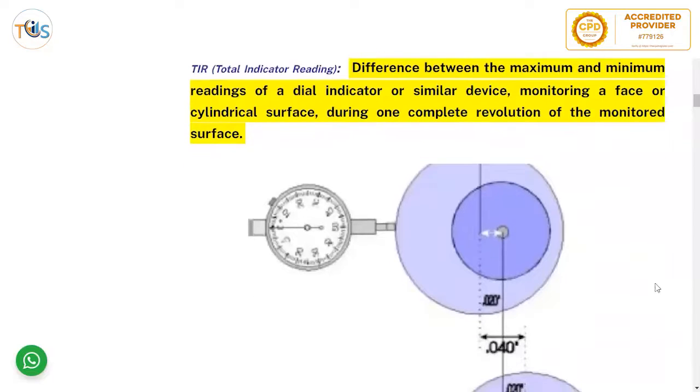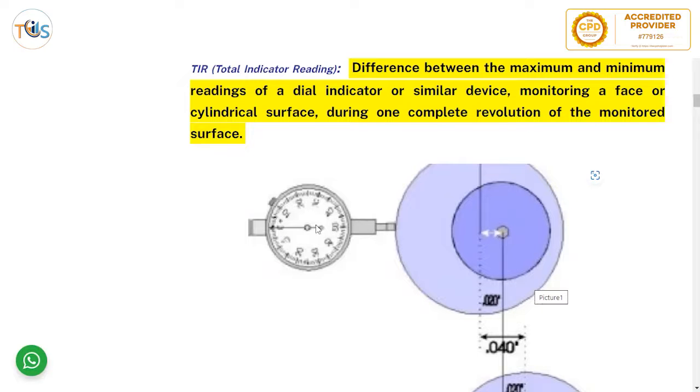Total indicator reading. So one full reading: you put a dial indicator here, and if it's completely balanced and not elliptical in shape, you see it's 0. If the degree of imbalance is more, then it starts moving up and down, because this would not be exactly circular. So one total reading is a complete revolution of the monitored surface.